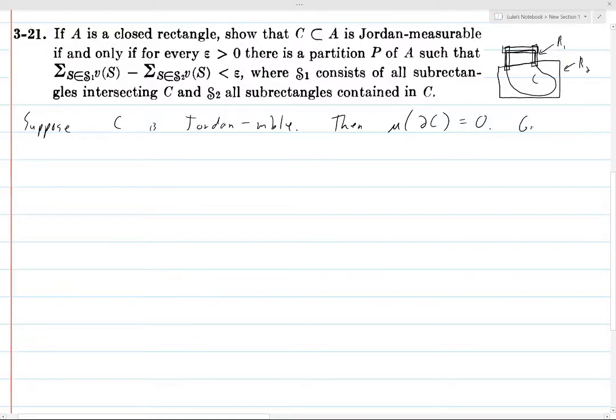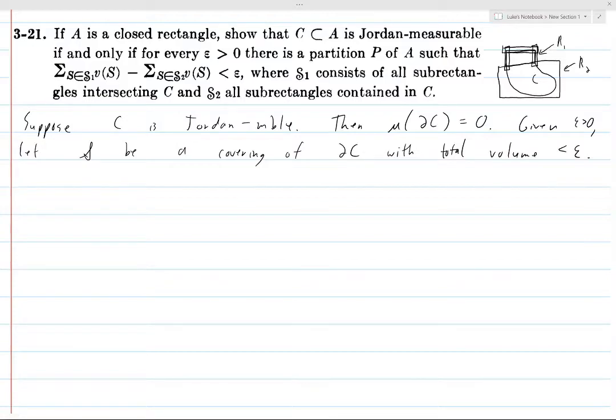Okay, so given epsilon greater than 0, let S be a covering of the boundary of C with total volume less than epsilon. So that means that if you sum the volumes of all the rectangles in S, then that sum is less than epsilon. And this is doable because this is what it means to be a set of measure 0.